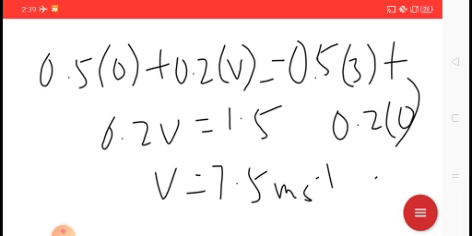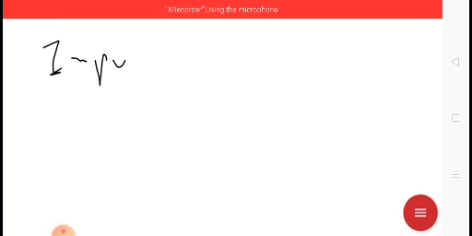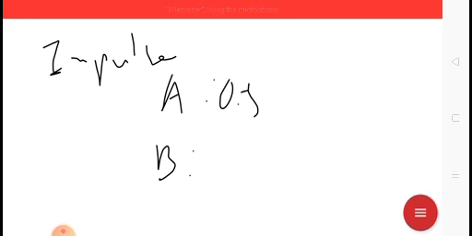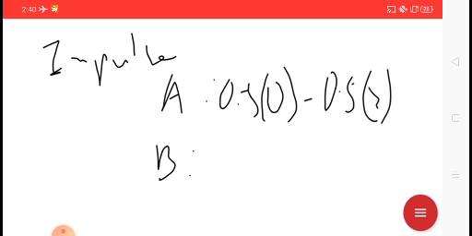Alright, so now we move to part 3. Part 3, impulse for the individual item. So the impulse for A, you may use 0.5 times (0 minus 3). Okay, so you have an impulse of 1.5 newton-seconds.